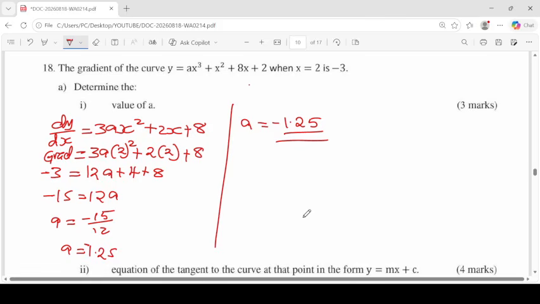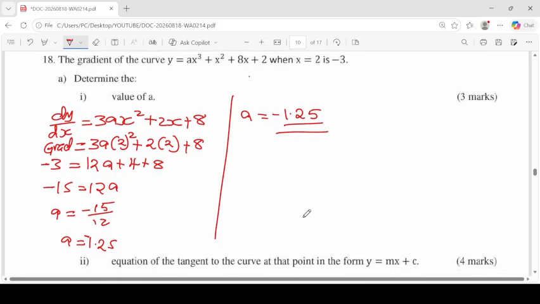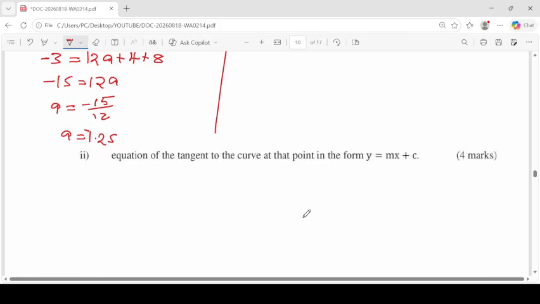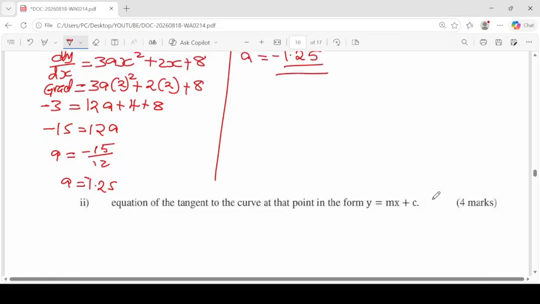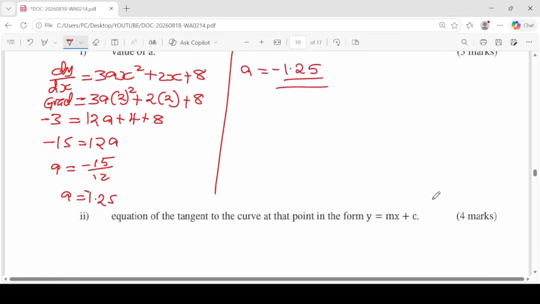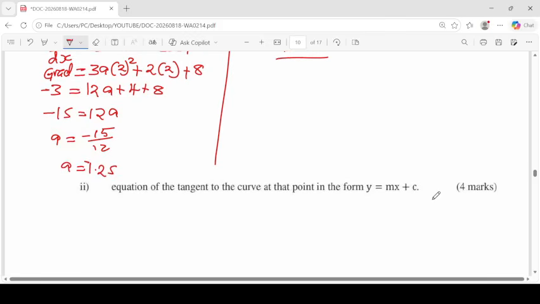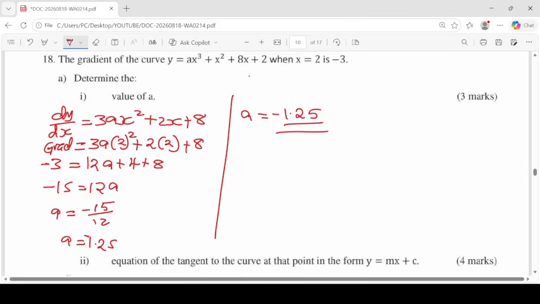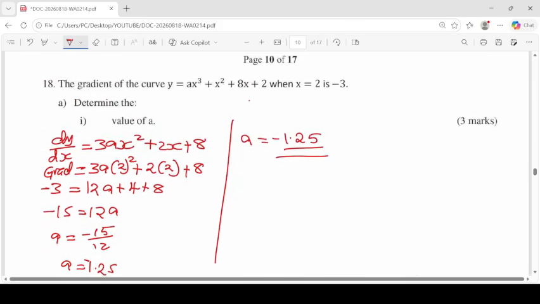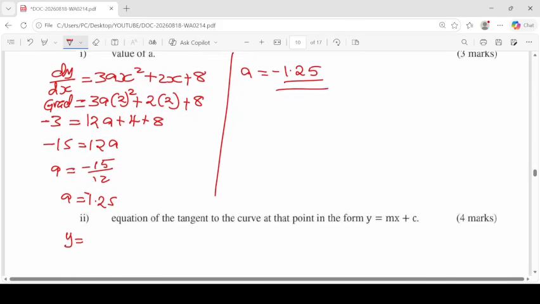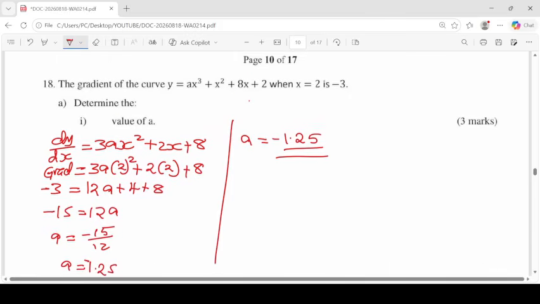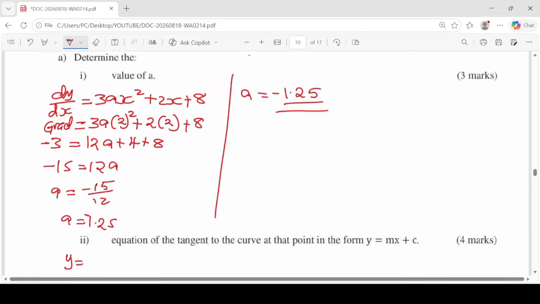After we've gotten the value of a, we can now work out part 2: the equation of the tangent to the curve at that point in the form y is equal to mx plus c. Because we now have the value of a, we can get the equation of the curve. The equation of the curve y is ax cubed, where a is negative 1.25.